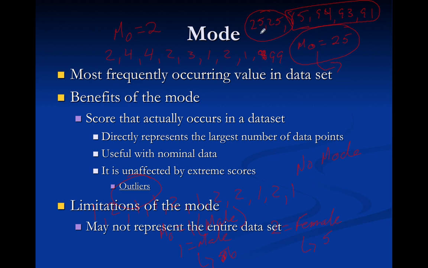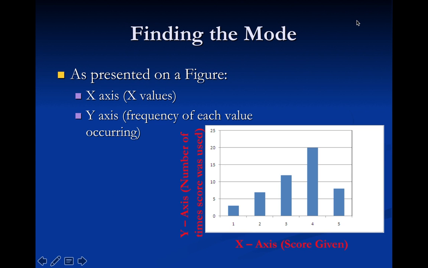But these 2 people performed very low, and they just happen to get the same score, thus giving you a mode of a 25, right? So that's not very representative. And that's one of the problems that we actually have with the mode. It's not very representative of the entire group's performance. Now, in contrast to the mean, where the mean takes everyone's score into consideration, the mode really doesn't take everyone's score into consideration. So here the 85, 94, 93, 91 are not really taken into consideration in its calculation, right? So that's a huge problem for us.